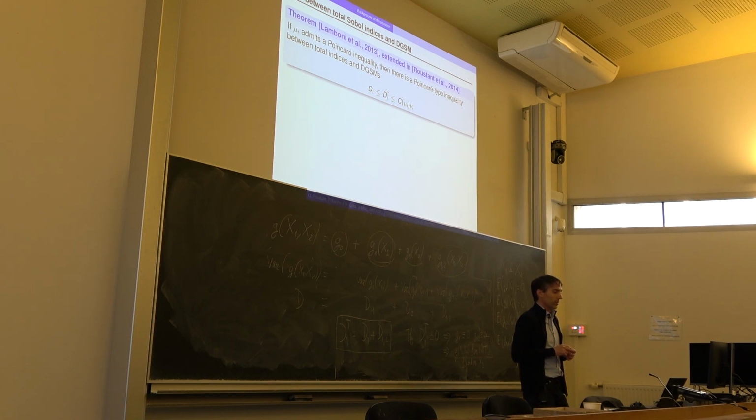If the probability measure mu i admits a Poincaré inequality, then the total index is bounded by the DGSM up to the Poincaré constant.